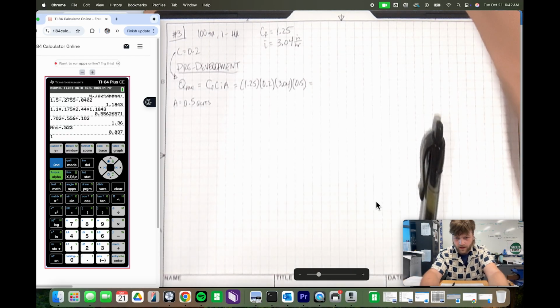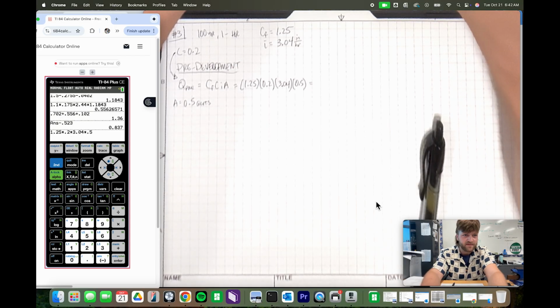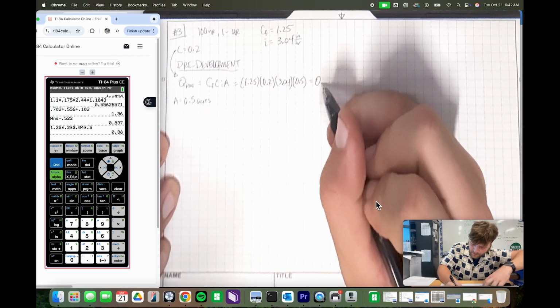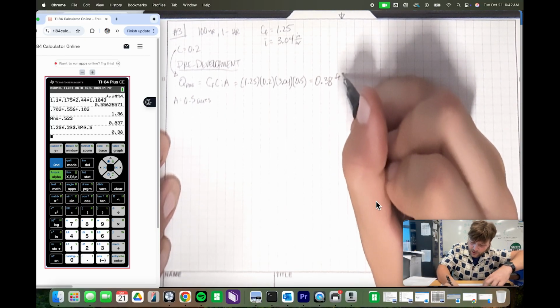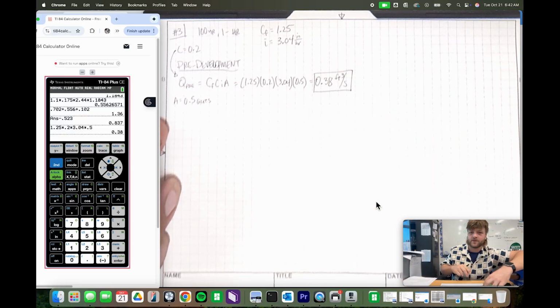So we've got 1.25 times 0.2 times 3.04 times 0.5. And what we found is our Q value is 0.38. Now, what is that unit once again? That is cubic feet per second.